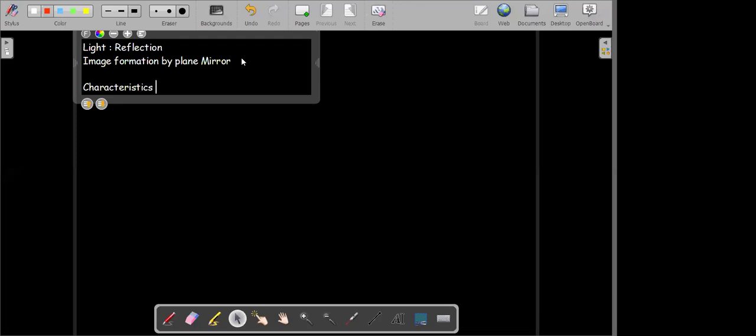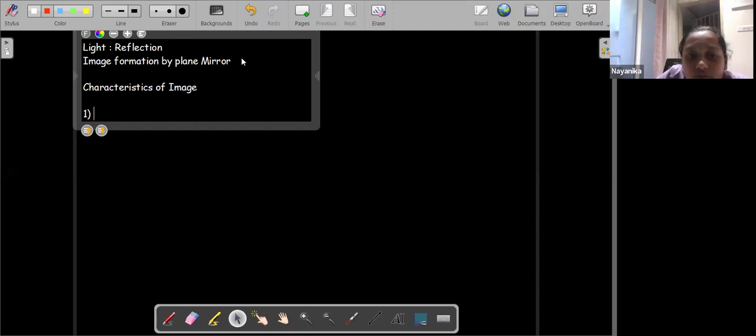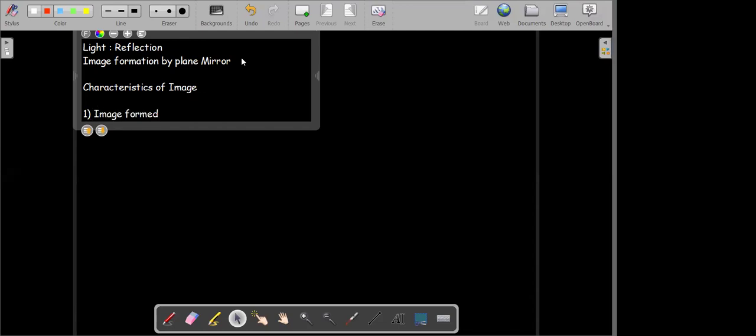What are the qualities that I see in the image formed by a plane mirror? First of all, I see that the image formed is erect. Erect means it's upright. Image formed is upright. It's straight.